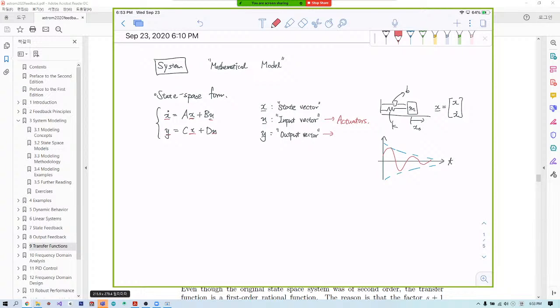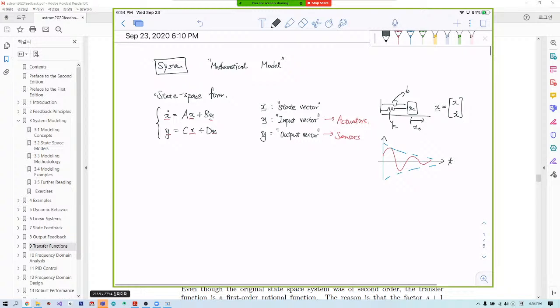This y is something physical, tangible, and sensible that can be detected by sensors. For example, position can be our output, angle from some reference line can be another output, velocity can be our output, and so on.